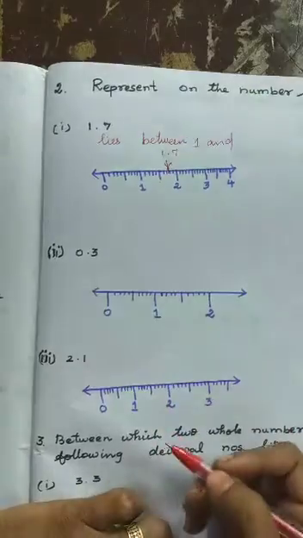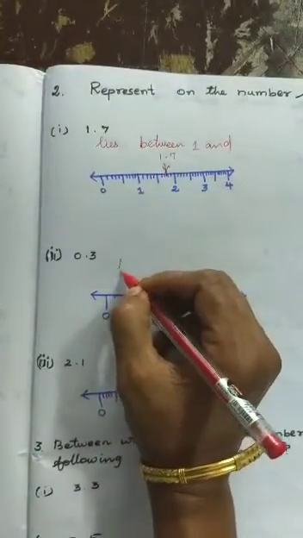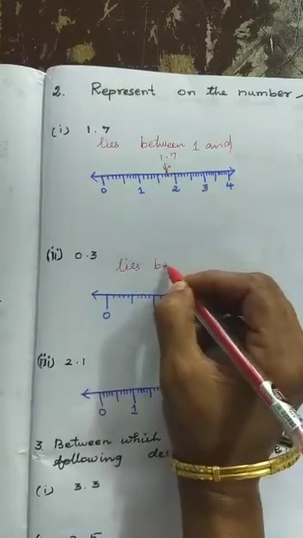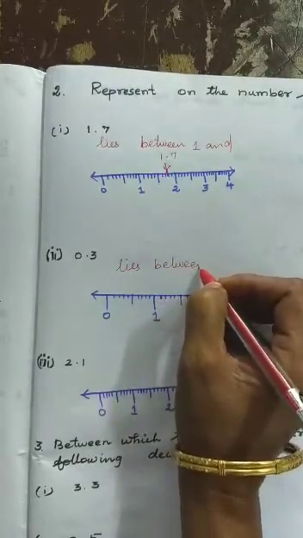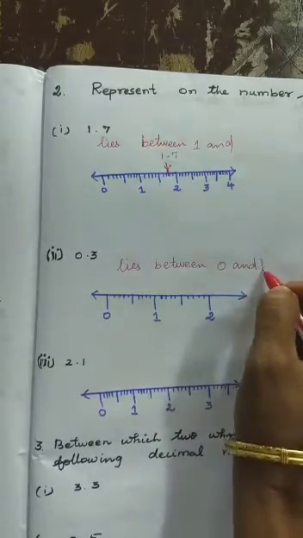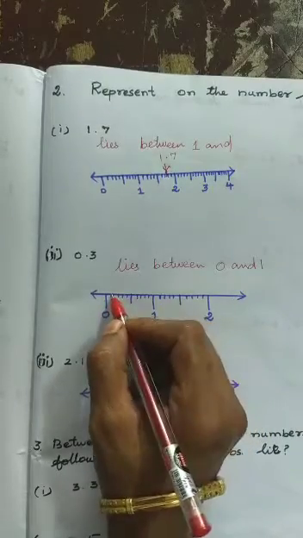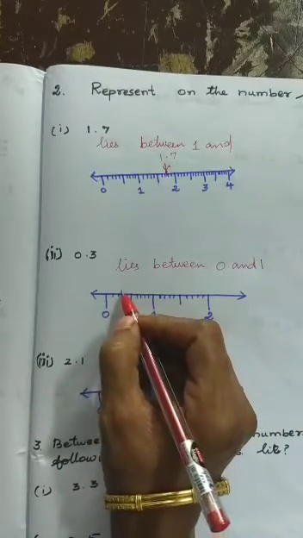You have to mark it with an arrow. Then 0.3 lies between 0 and 1. After 0, we count 0.1, 0.2, 0.3.